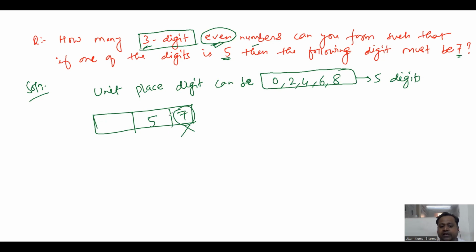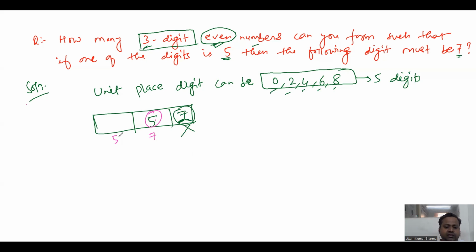To make it even, I can fill the unit place only with 0, 2, 4, 6, or 8. So clearly, we cannot use 7. I cannot put a 5 in the tens place. I can put a 5 at the hundreds place, then I have to take a 7 next. That's how it is to be designed.